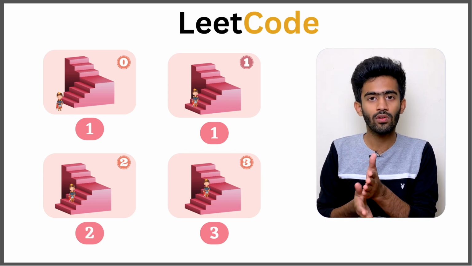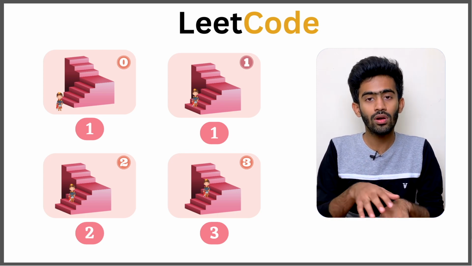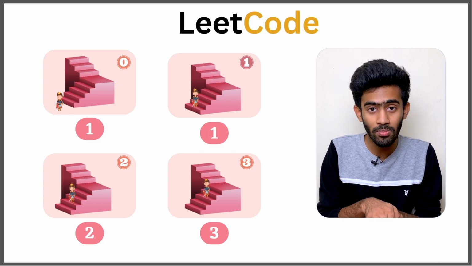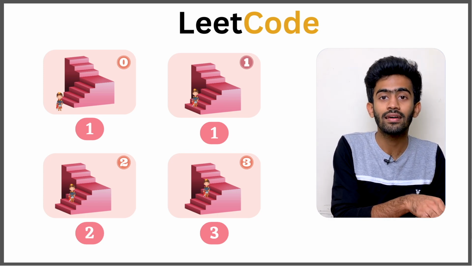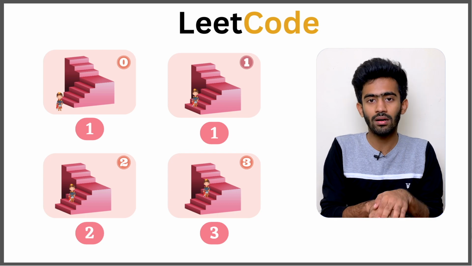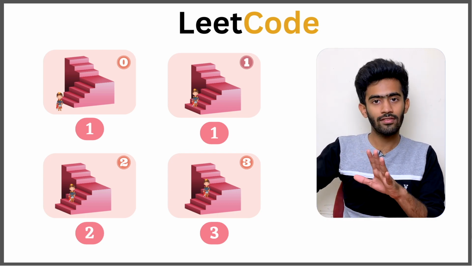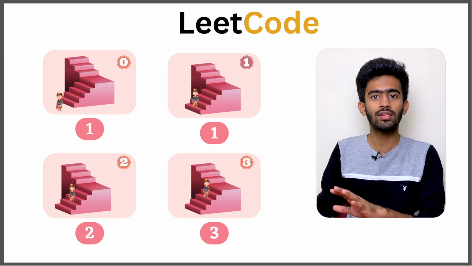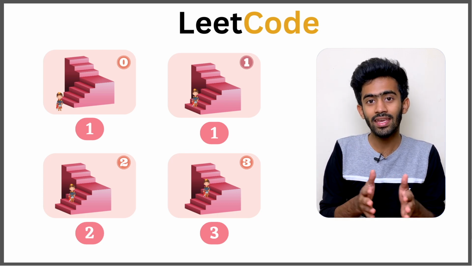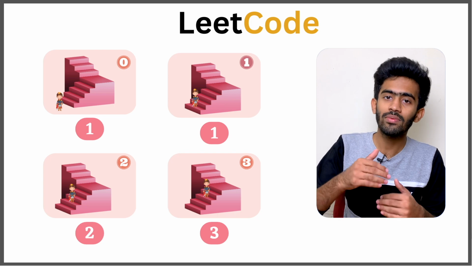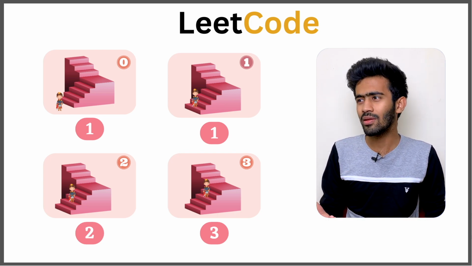As we saw earlier, if you want to reach the 10th step, the total number of ways to reach the 9th step and the total number of ways to reach the 8th step, both of these combined together give us the answer for the nth step. So that fashion is being applied here. So this logic is going to be applied, and finding the Fibonacci sequence using a dynamic programming approach is being used here. Why dynamic programming?